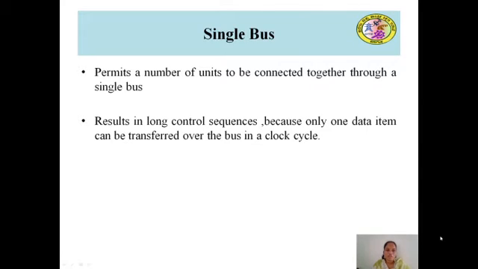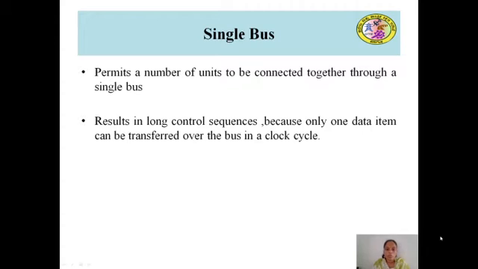Single bus organization allows all the units to be connected to a single bus. The program counter, the instruction register, MAR, MDR, all these units are connected to a single bus. That results in a long control sequence because in a single bus structure, only one data item can be transferred over the bus in a clock cycle.